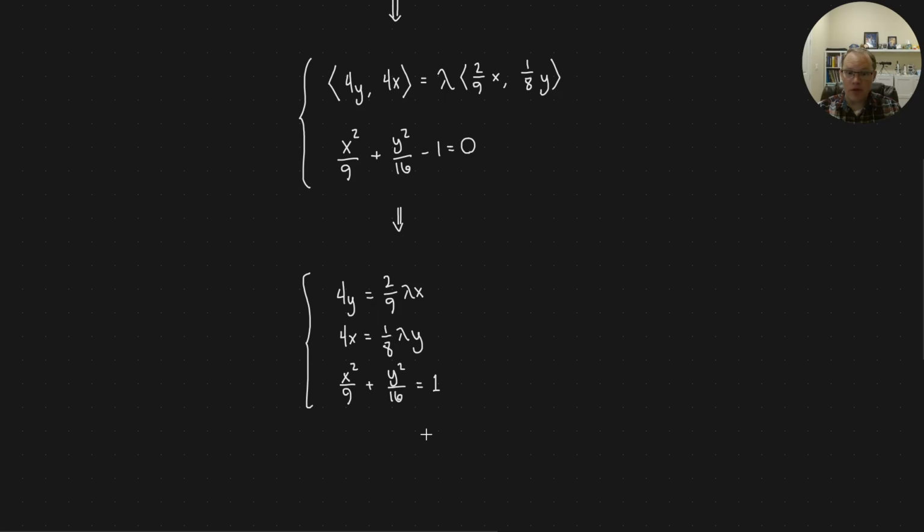Notice I end up with 3 unknowns, x, y, and lambda, and I have 3 equations, so I should be able to solve this exactly. Notice, first off, I'm only actually interested in the x and y, so we don't need to find the lambda, though sometimes it's useful to do so.